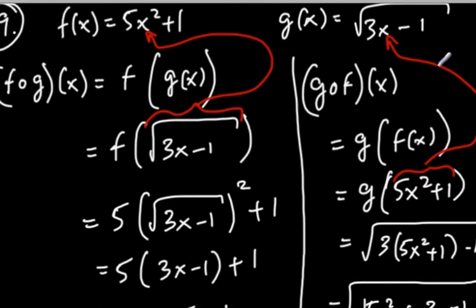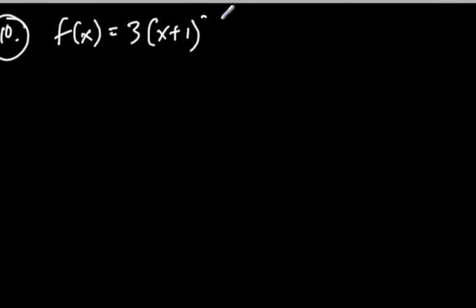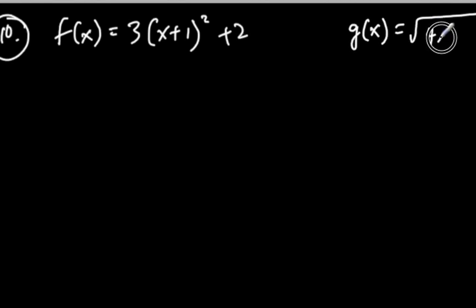All right, let's do the very last one for this section. So number 10. Here we have f of x is equal to 3x plus 1 squared plus 2. And here I have g of x is equal to the square root of 4x plus 3.